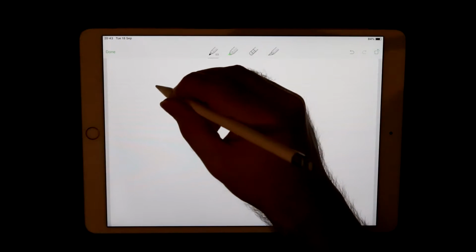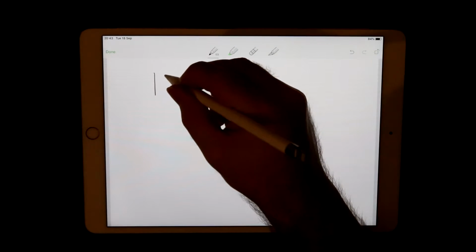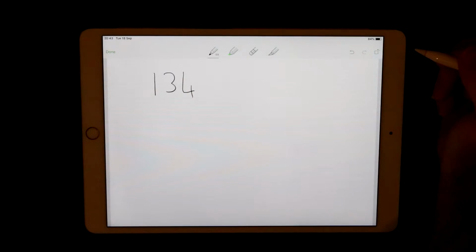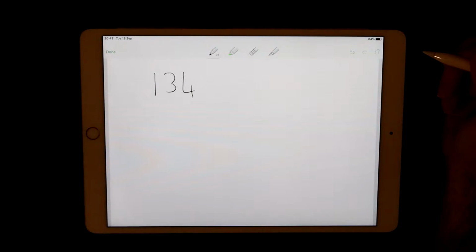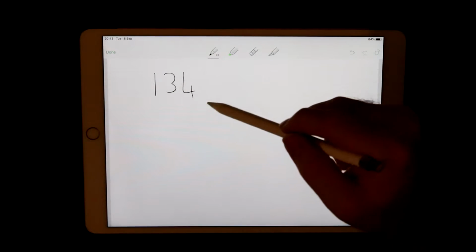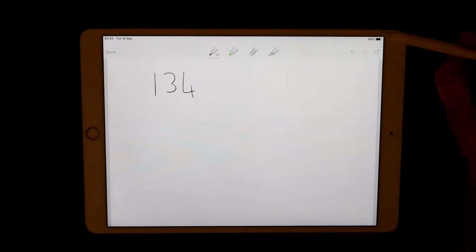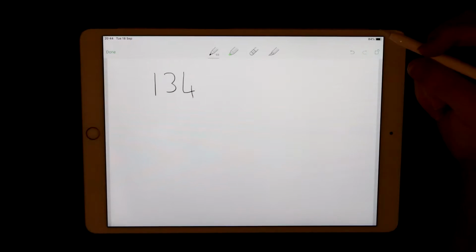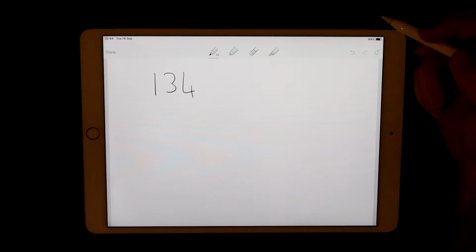What you may be used to from your mathematics classes in school is numeric representation like this. This is the number 134. However, computers don't represent numbers in this way.